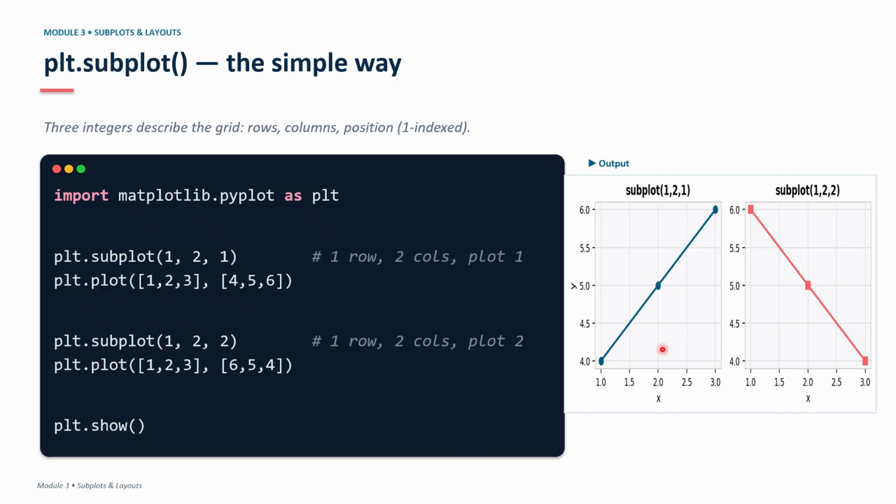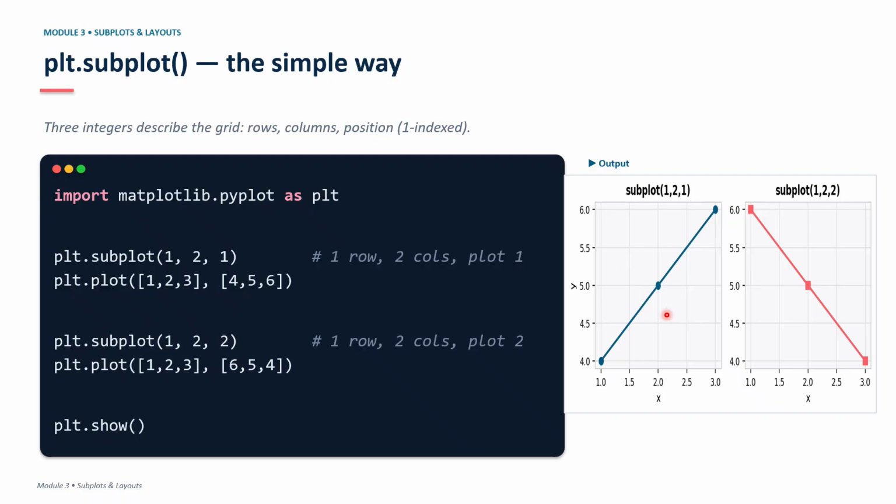There is only one row and it has 2 columns, and at the position of the first row and first column, you will have your plot 1.